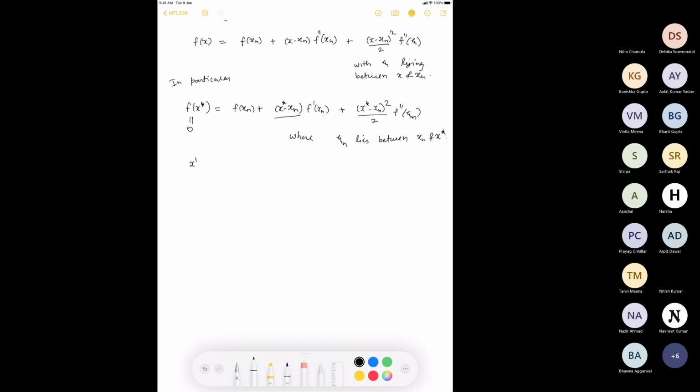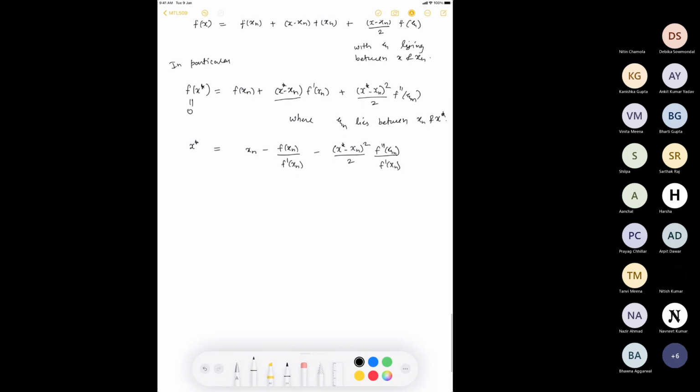I will get x star as x_n minus f(x_n) divided by f prime of x_n, minus (x star minus x_n) squared divided by 2 times f double prime of xi_n divided by f prime of x_n. Okay, so I have this. So from here I can see, using the Newton-Raphson method, this is x_{n+1}.